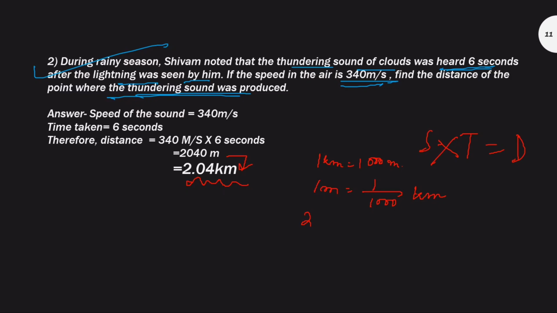So 2040 meters equals 2040 by 1000 kilometers. And as 1000 is there, where would the point be? From the right side, we will count 3 digit places and we will put the point. So that's why 2.04 kilometers. Clear, students?